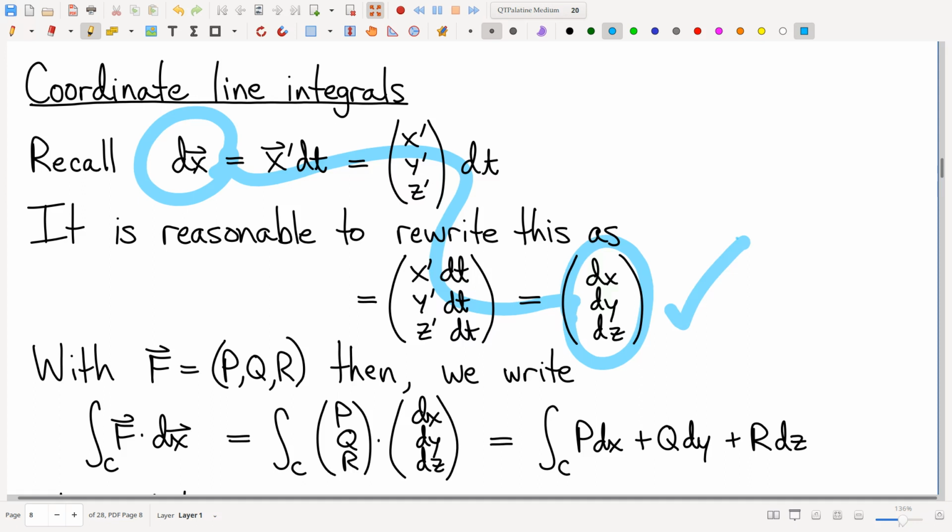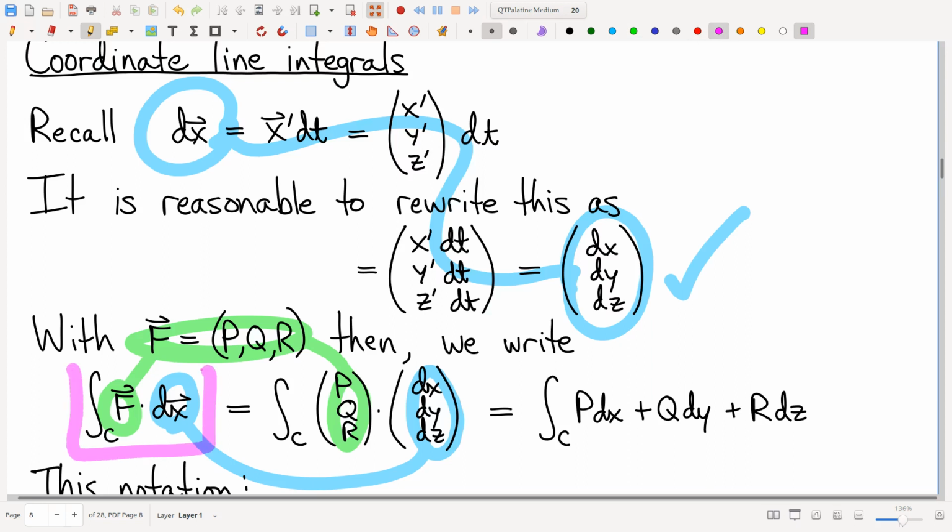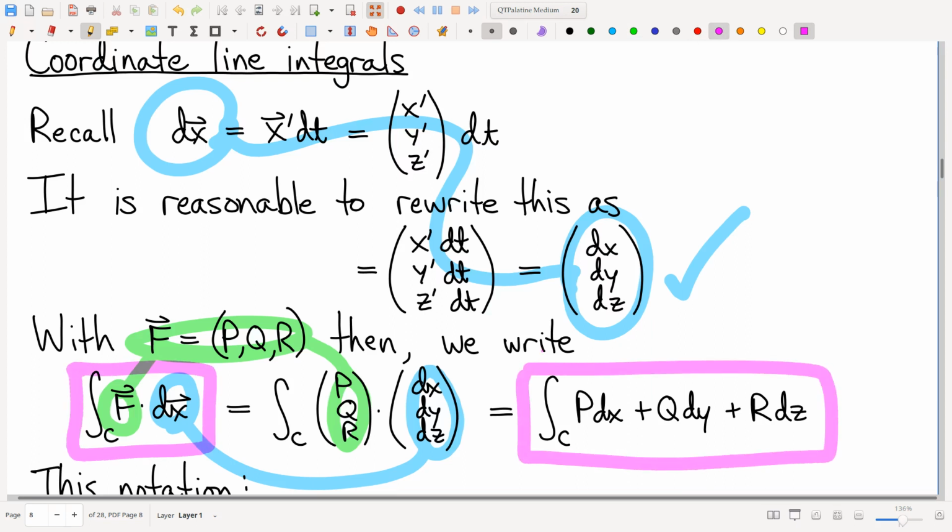And with that done, notice that allows me to rewrite a vector line integral, because the vector field also has coordinates. So if you just write everything in coordinates, and then check it out, we have an alternative notational option for a vector line integral.